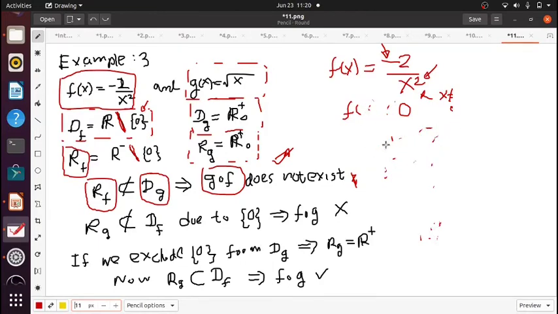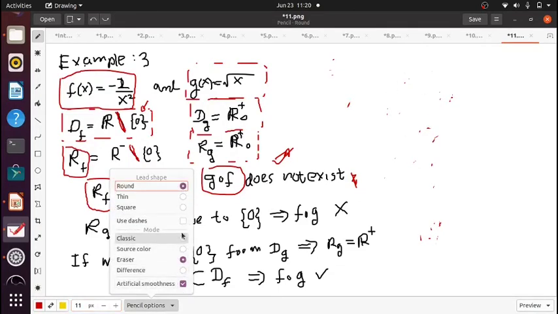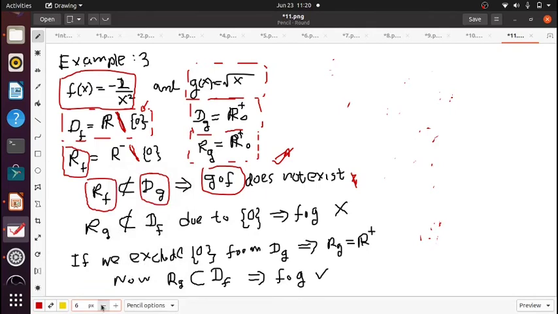For that to exist, the range of g should be a subset of the domain of the function f. So what is the range of g? The range of g is all the positive values including 0.